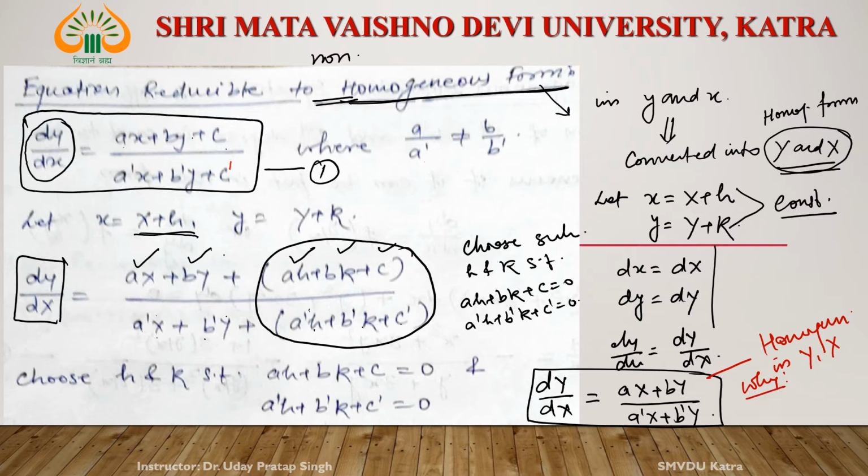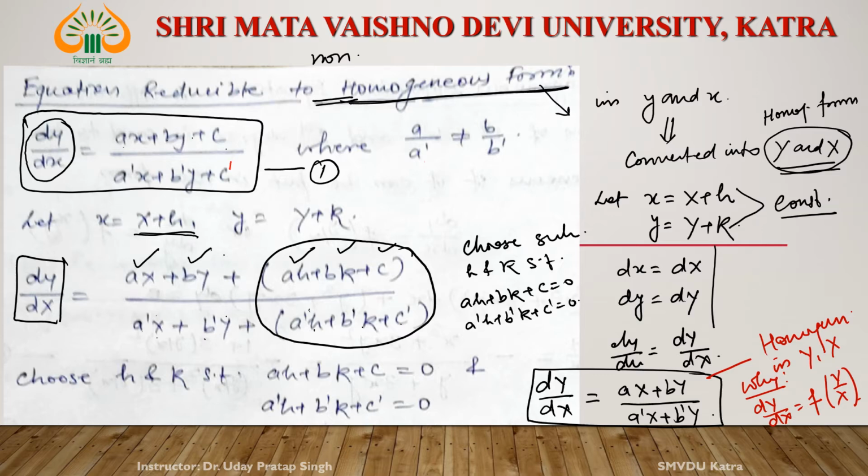Since it can be written as d capital Y by d capital X equals a function of Y by X. So this differential equation becomes homogeneous. Now once the differential equation becomes homogeneous, we can apply the same procedure to find the solution as we adopt in the homogeneous differential equation.